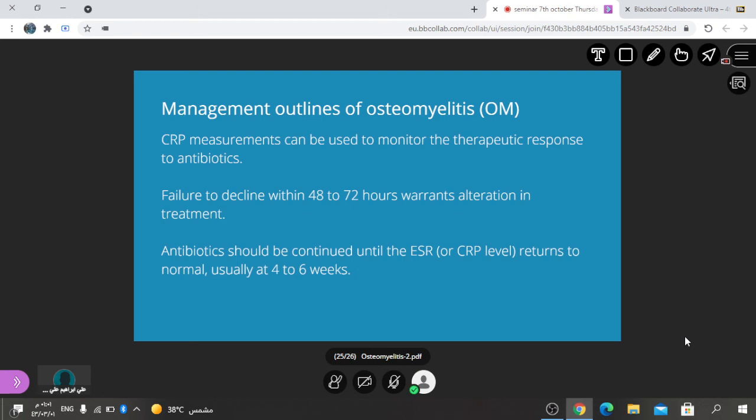Antibiotics should be continued until the ESR or CRP, more specifically CRP because it changes every 2 days, returns to its normal levels, usually between 4 to 6 weeks, although it may be continued more than 6 weeks depending on the situation, adding the surgical choice to our plan.